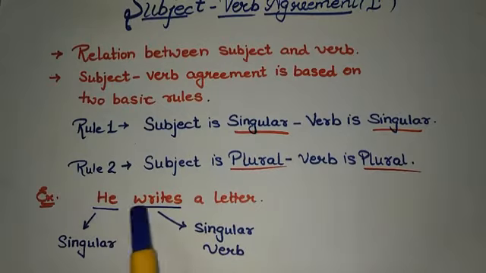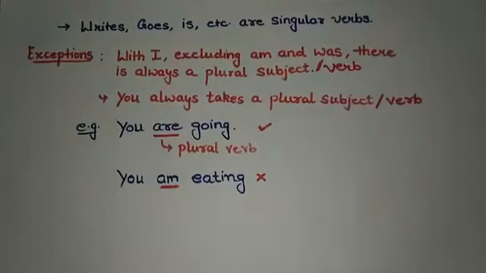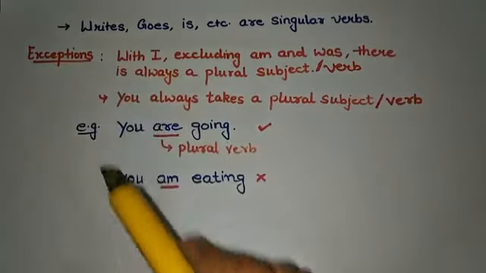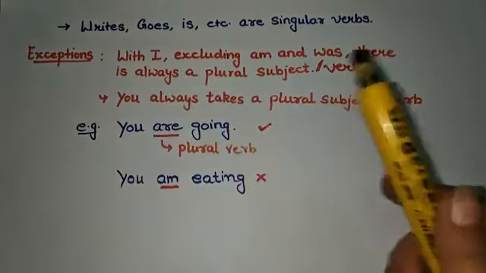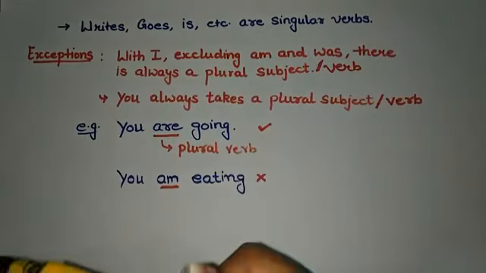Okay, so he writes a letter. In this, the agreement between subject and verb is that if our subject is singular, our verb should be singular. Now, verbs like writes, goes, is, etc. are singular verbs. Now, let us talk about exceptions here.